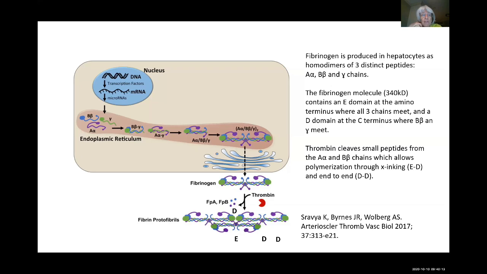So the molecule, as you could imagine, is very large, and Dr. Acharya showed the E domain where all the chains meet, and the D domain where the B beta and gamma meet. She talked about the role of thrombin, but thrombin cleaves off these small peptides, and that allows the protein to polymerize, and it elongates by associating end to end and also side to side.